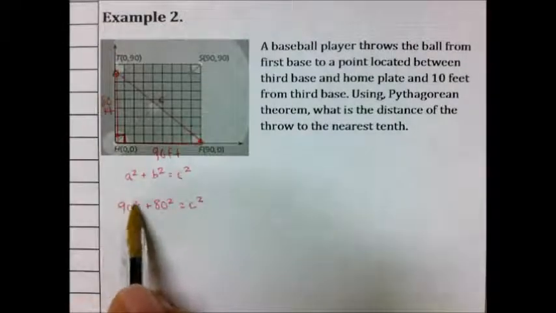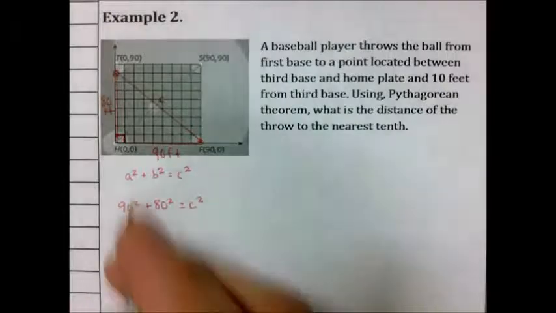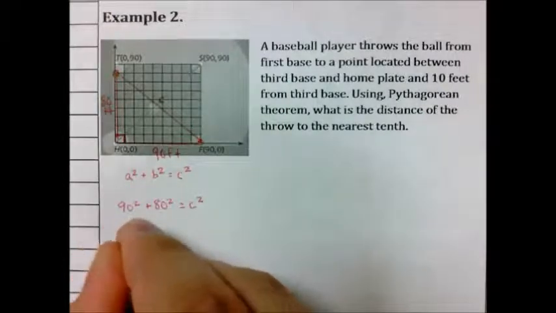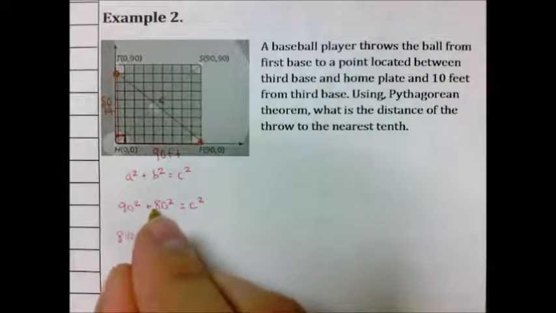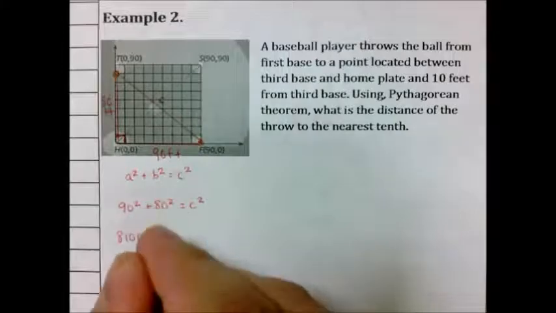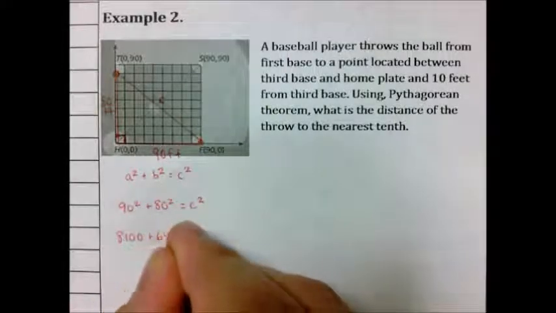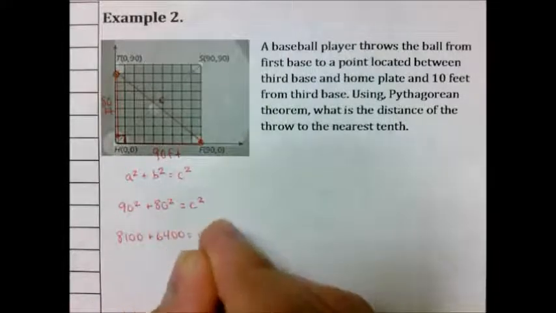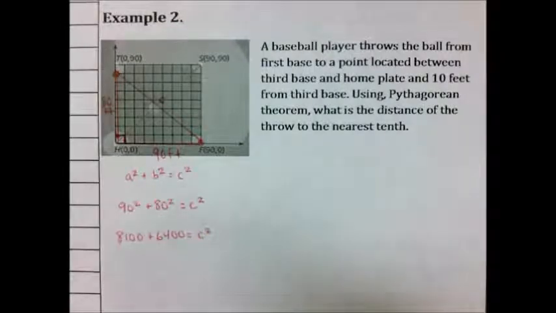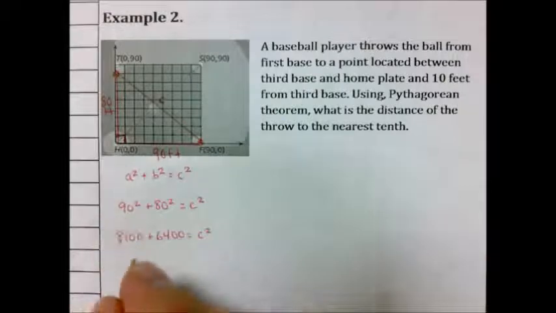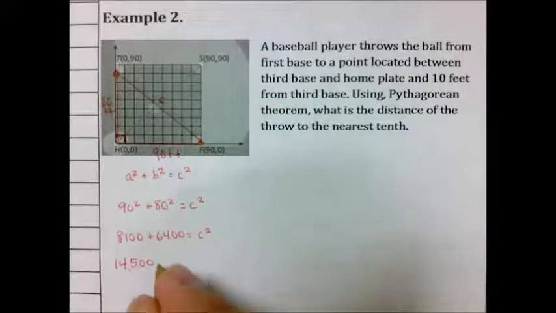We know 9 squared is 81, so 90 squared is going to be 8100. 80 squared, 8 squared is 64, so that's going to be 6400, and that should equal c squared. Now we just need to add these two together, and we end up getting 14,500. It's equal to c squared.